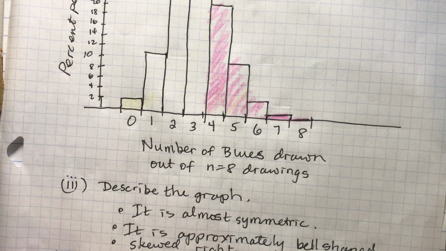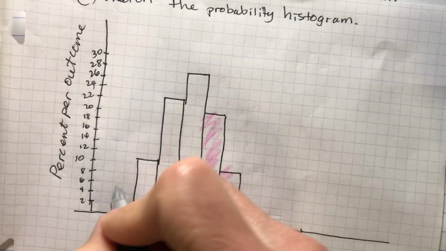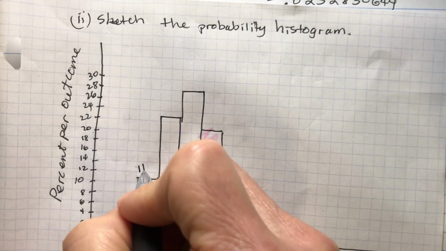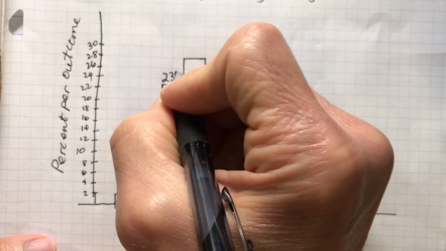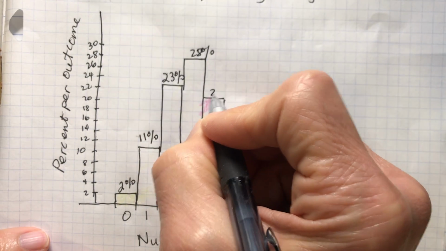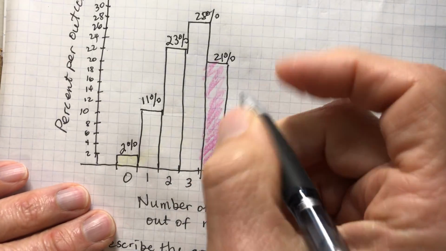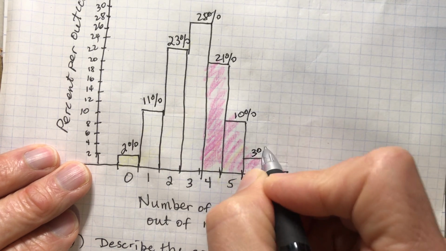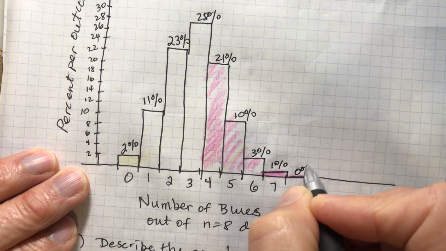And by the way, why don't I go ahead and write down the probabilities here? So this is approximately 2%, 11%, 23%, 28%, 21%, 10%, 3%, 1%, and then about 0%.